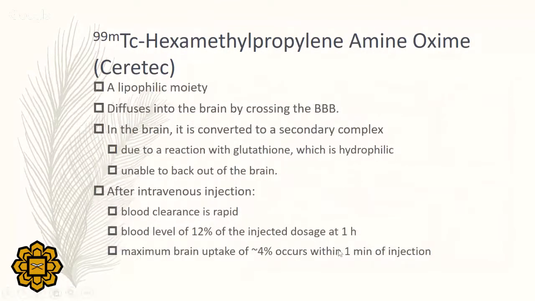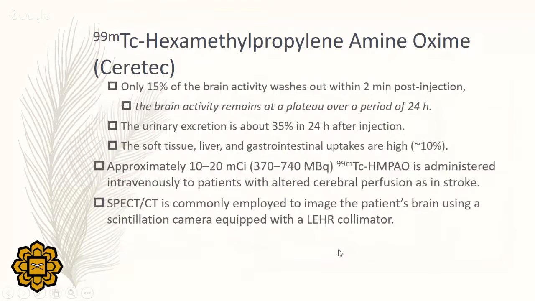Due to this reaction with glutathione, only 50% of the brain activity washes out within 2 minutes post injection, and the activity remains at a plateau over a period of 24 hours. This is really good. You have 50% of the activity in the brain, which is kept for 24 hours. So you can have a long one-day imaging window using this drug.